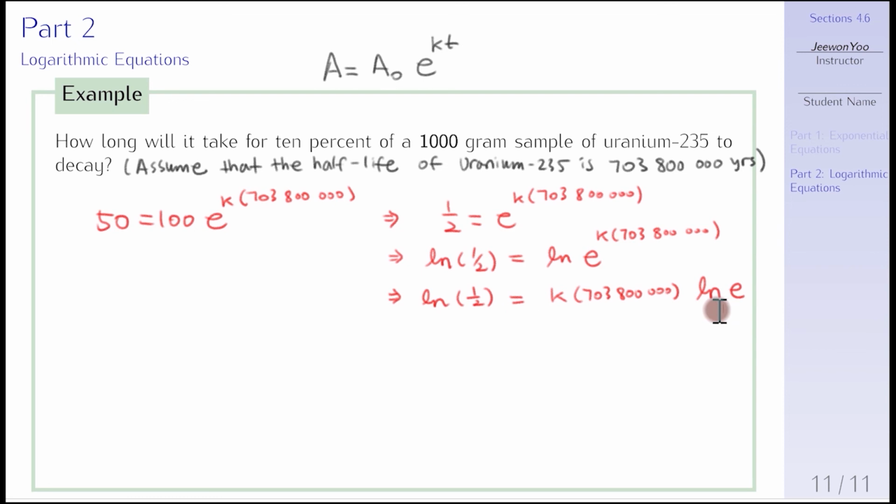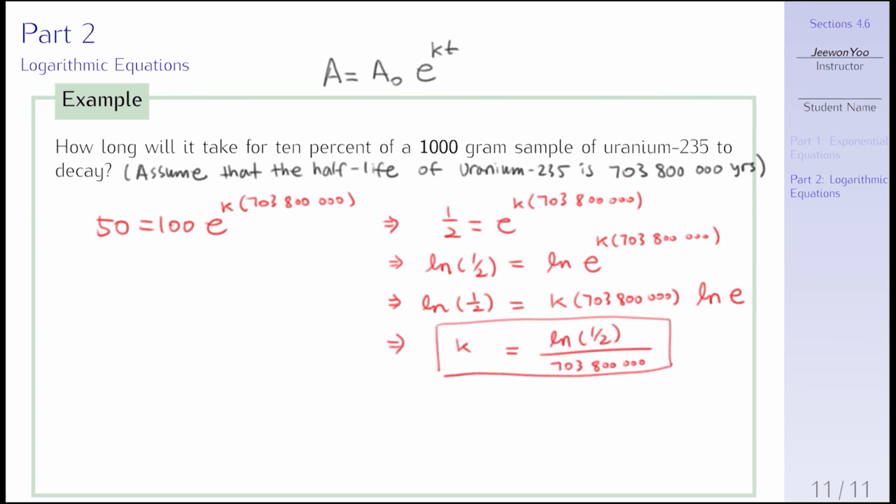And another good news is that ln of e is equal to 1. So to find k, you divide both sides by this number, 703,800,000. Once you have figured out the k value, then we are ready to tackle the actual question.